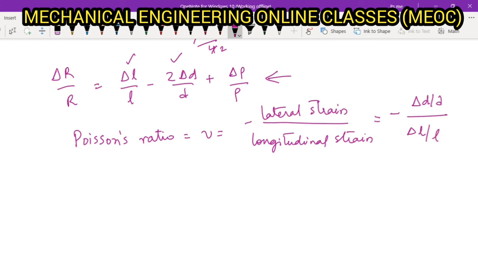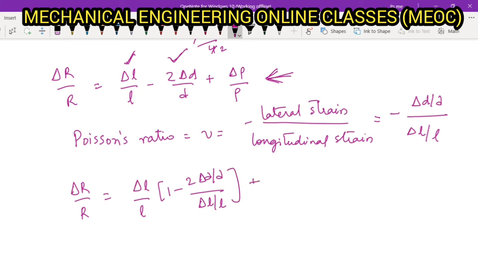Now look at the above equation. Delta R by R is equal to, from the first two terms, I am trying to take delta L by L as common. Delta L by L into 1 minus 2 delta d by d divided by delta L by L, plus delta rho by rho.